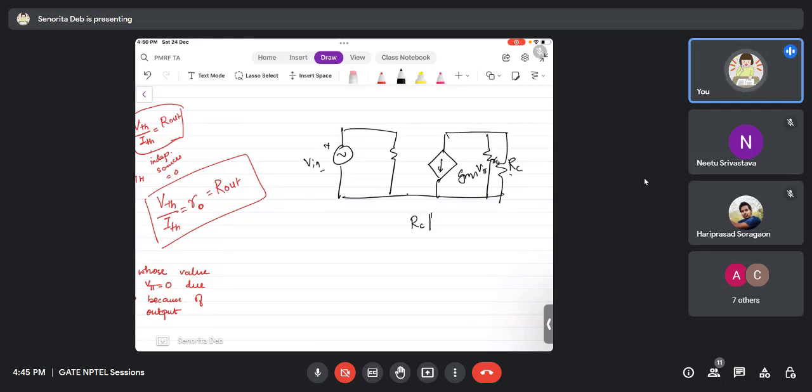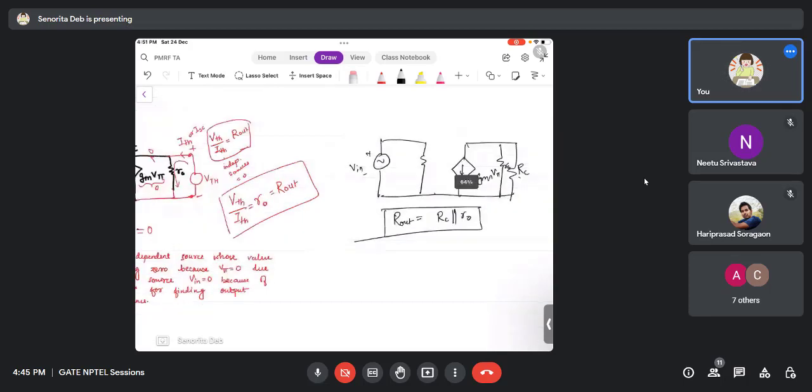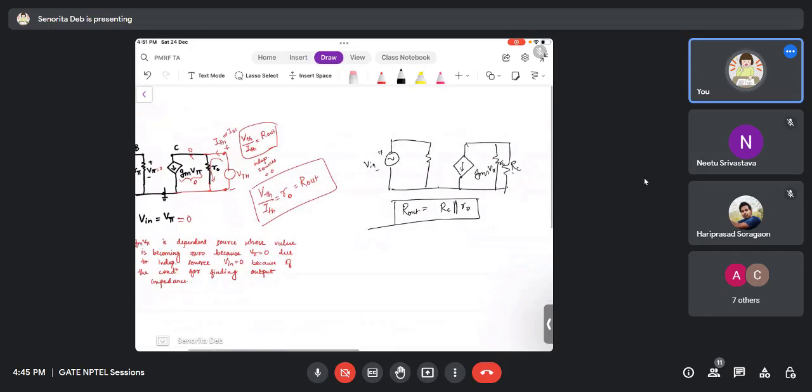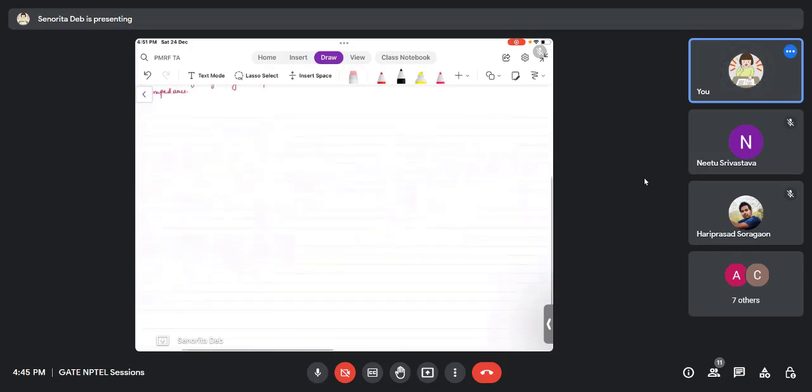So RC parallel R0 will be your R out. RC will come in parallel to it. Understand?